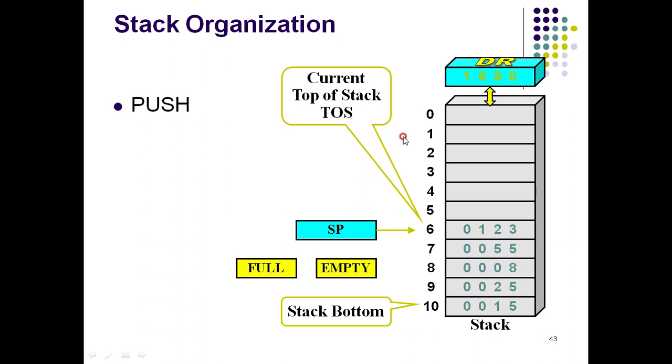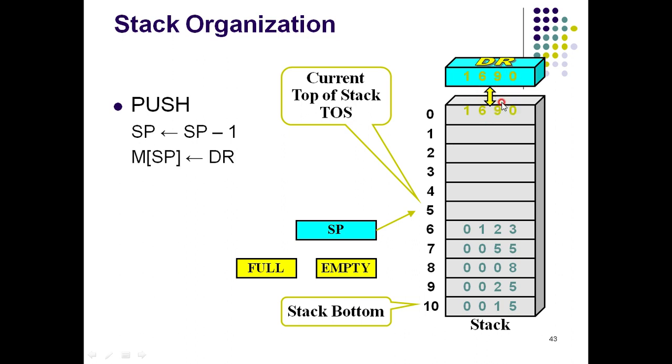Okay. Then if I want to add an item, from 6 my stack pointer must move to where now? To 5. That means we should subtract 1. So you can observe here it is SP minus 1. Then my stack pointer has moved from 6 to 5. Then what would happen now? The new item would enter your memory location.